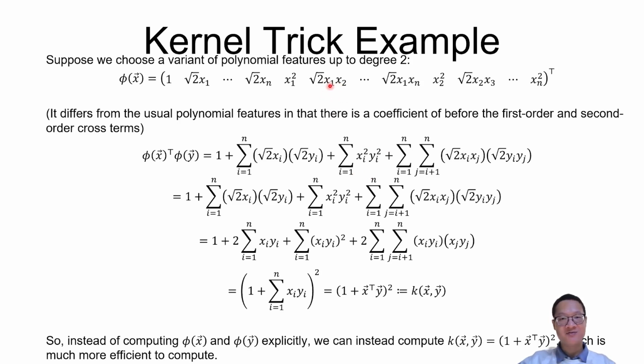So we have x1 x2, x1 x3, all the way up to x1 xn, and then we have x2 x3, all the way up to x2 xn. That's why we have the double sum from i equals 1 to n, and then j equals i plus 1 to n. And then we write down all the terms in here, so we have xi xj and yi yj with the root 2 coefficient on each of them.